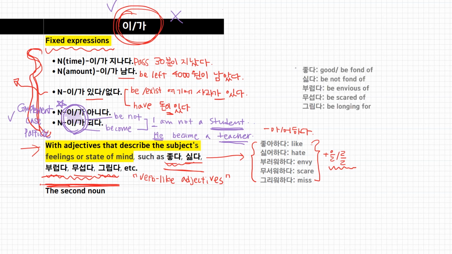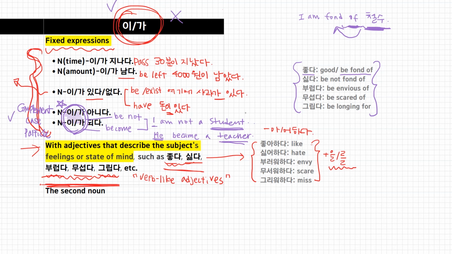So here is my tip. Try to memorize these adjectives like this. For example, 좋다, be fond of. I'm fond of 철수. Here, this prepositional phrase, when you think about it, is an adjective complement, providing further information about the adjective in a sentence.